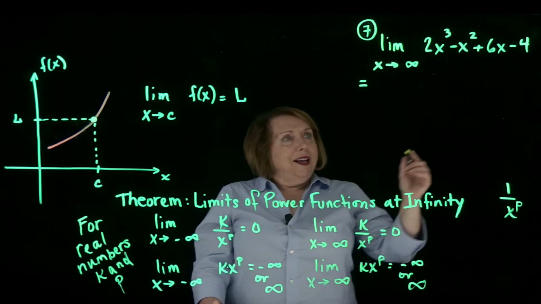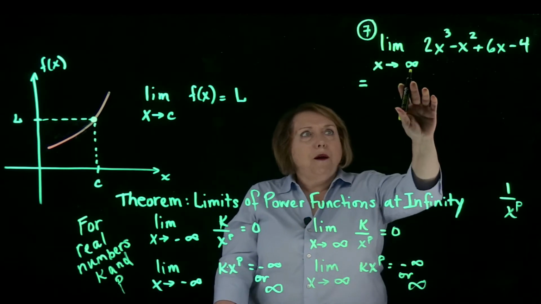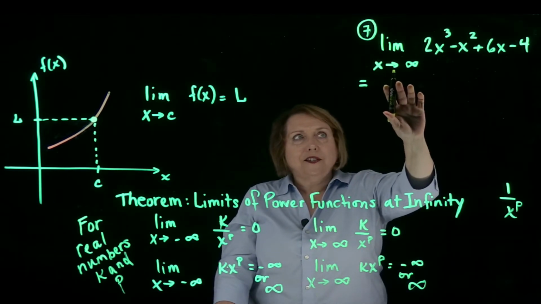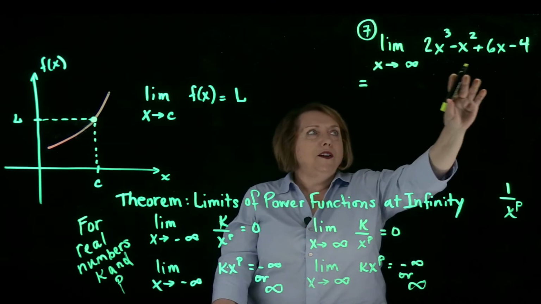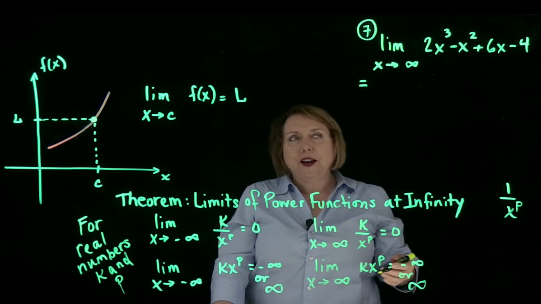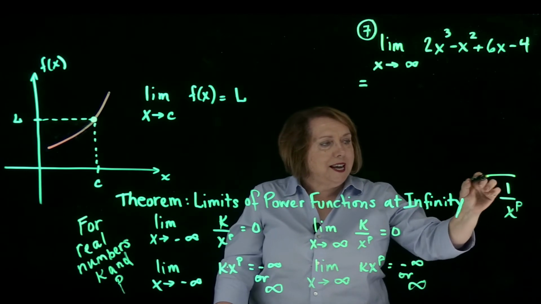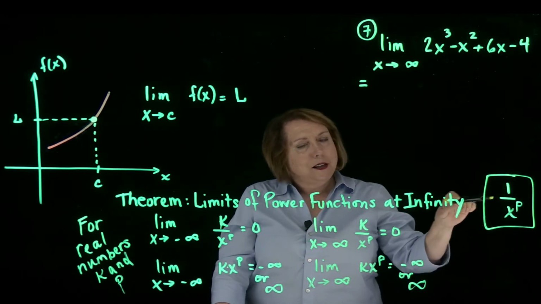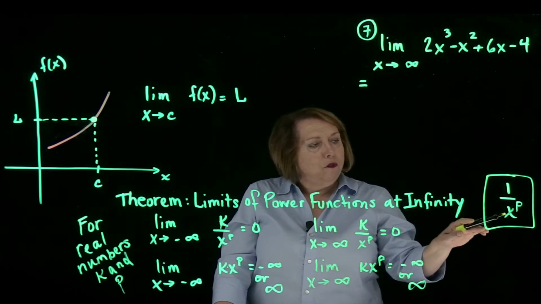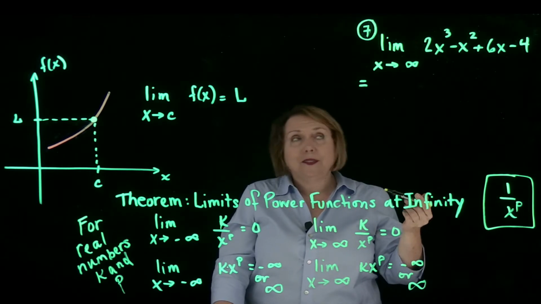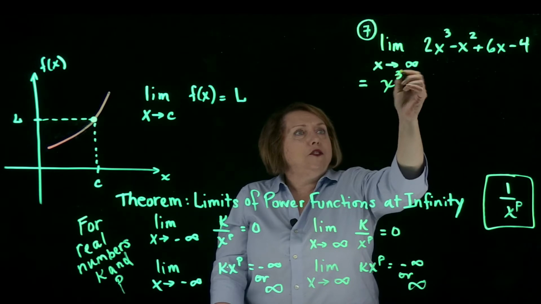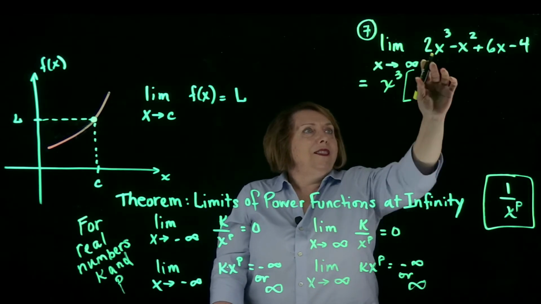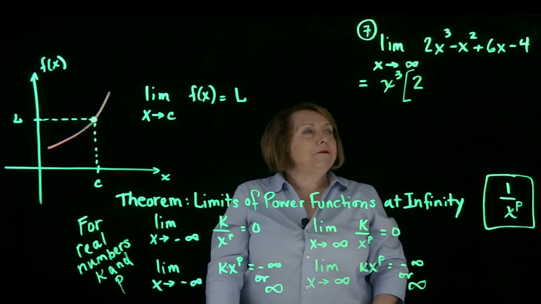So here's how we approach these problems where we have a limit as x goes to either negative infinity or positive infinity. We want to think about factoring or doing something so that we see something that resembles this, 1 over x to some power. I'm going to factor out x cubed from each term. That's going to leave me with a 2 here.